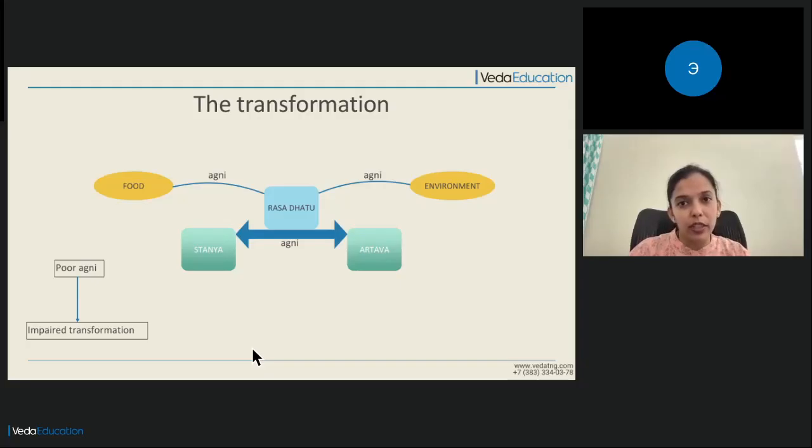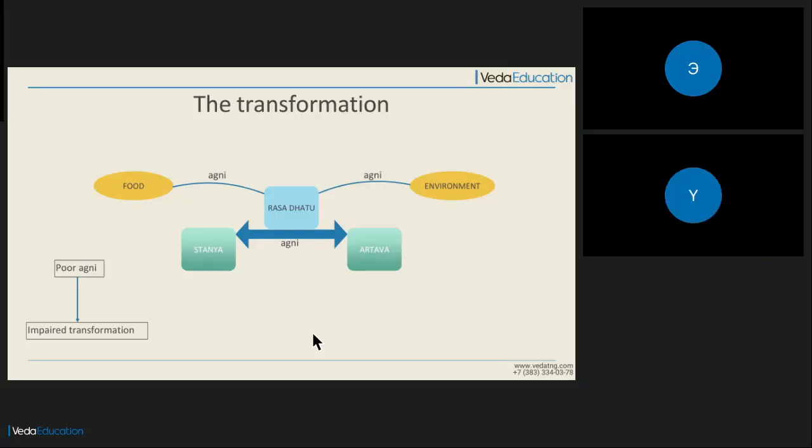So there is this kind of inverse relationship between Vata and Kapha, which is directly in correlation with Rasadhatu. So the percentage as well as quality of Rasadhatu would most of the time influence the behavior of Vata and Kapha in the body.